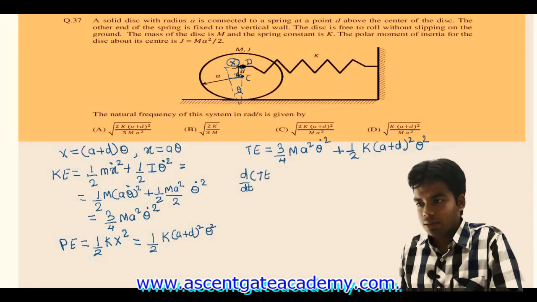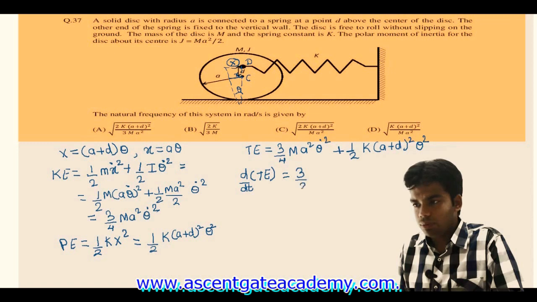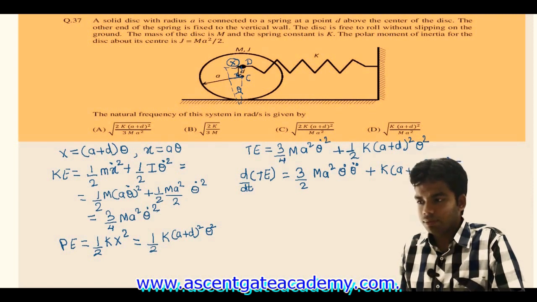So d by dt of total energy, on differentiating, we will get 3 by 2 ma square theta dot into theta double dot, plus, 2 gets cancelled out, k into (a plus d) whole square into theta dot, and this is equal to 0.